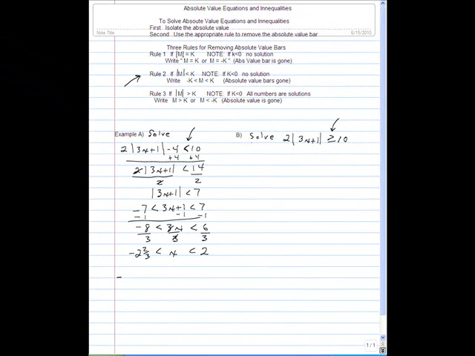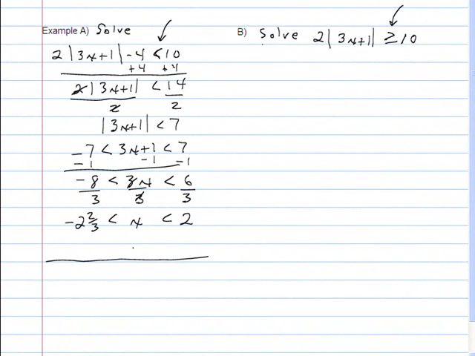Let's see what the graphical answer would look like. I'm saying x is between negative 2 and 2/3. Well, here's negative 2. If I break this piece into 3 pieces, this would be negative 2 and 2/3 right here. And x is bigger than that, so it's to the right of it, so I'm going to make my bracket go to the right.